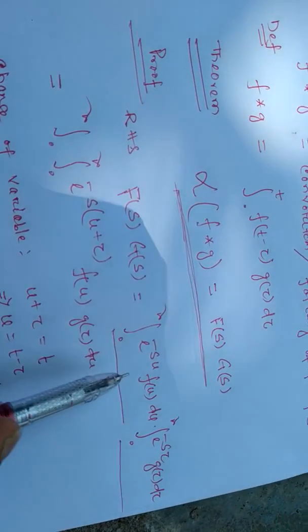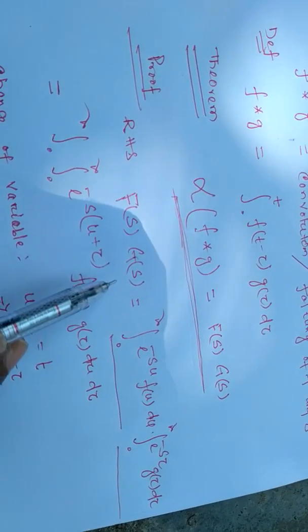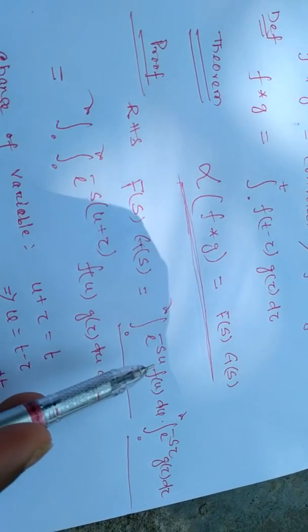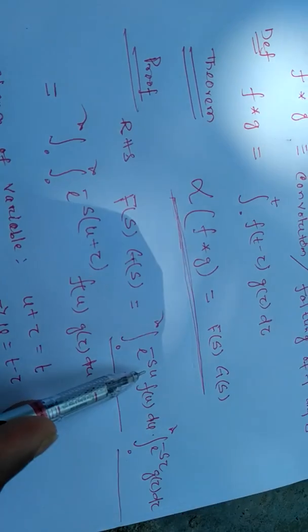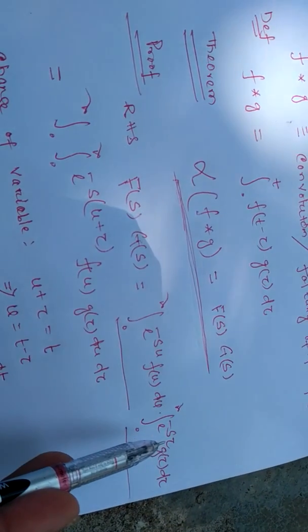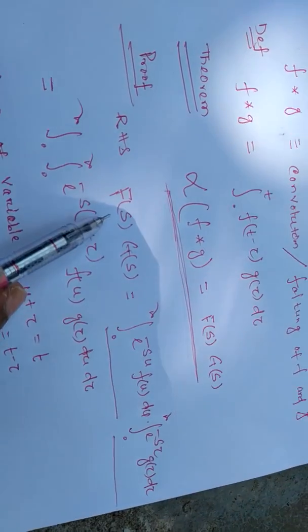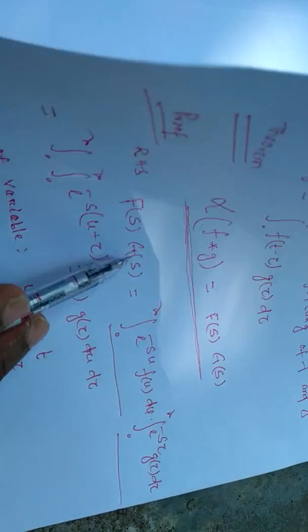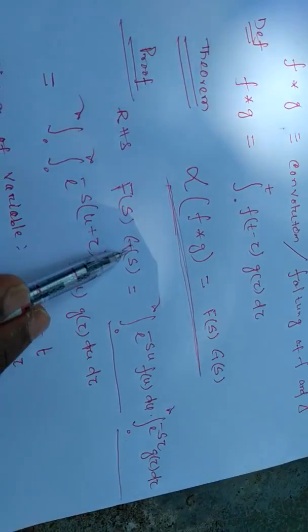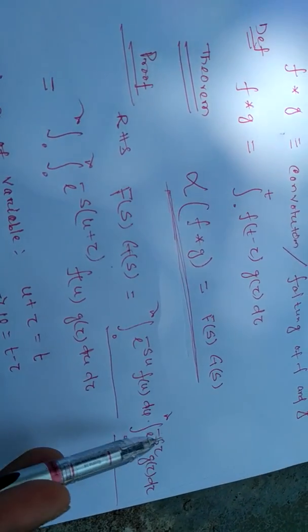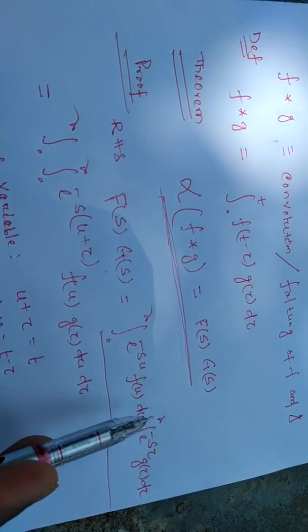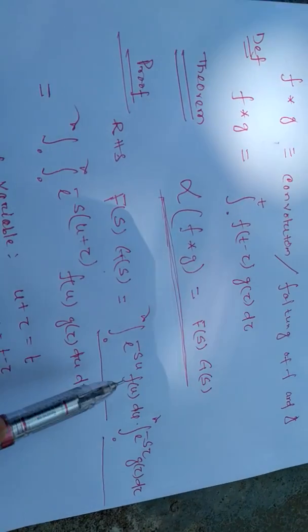The point to be noted here is that I am introducing two dummy variables, one is u and another one is tau. The reason is I am multiplying two functions f and g. Whenever there is a product of two functions and the dummy variables are in product form, we cannot use the same dummy variable.